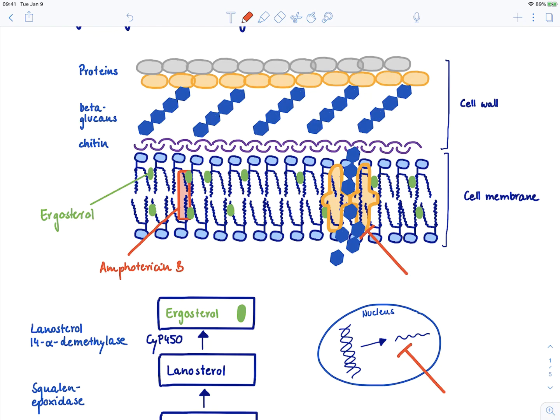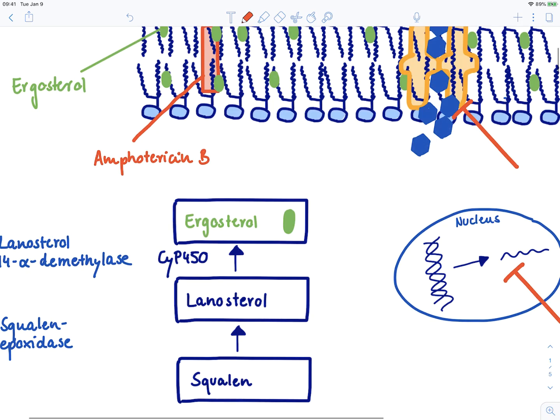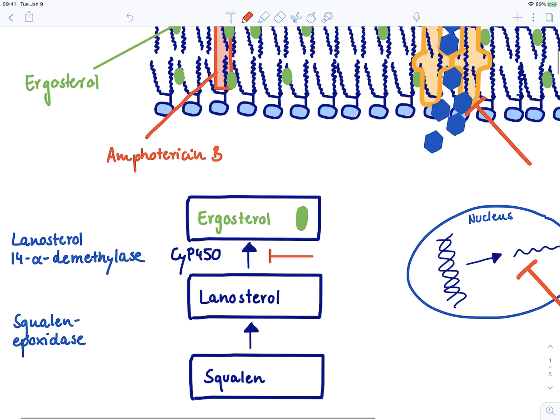And it's very renal toxic, so if you're going to infuse it to a patient, you're going to first infuse saline and then infuse amphotericin and then infuse saline again, just to make sure that you flush it out immediately out of your kidney.